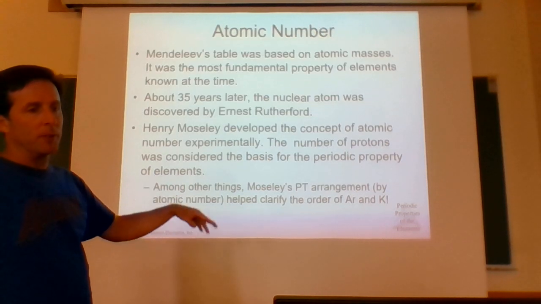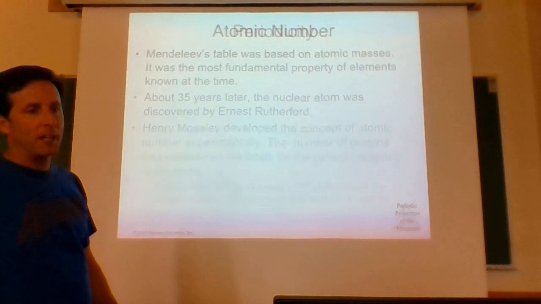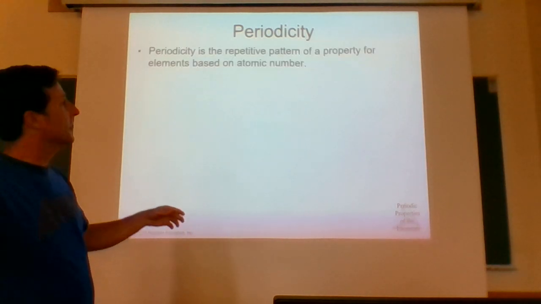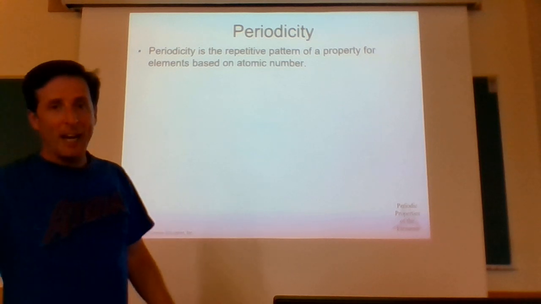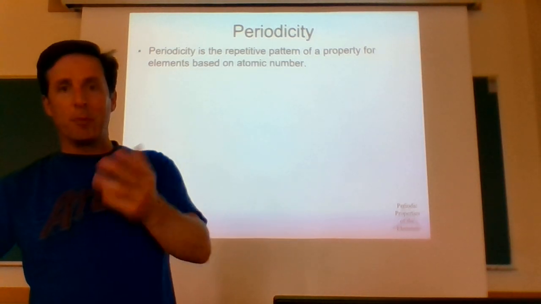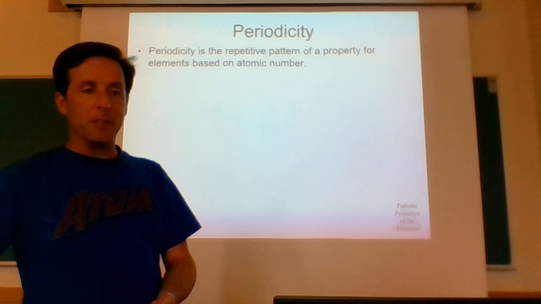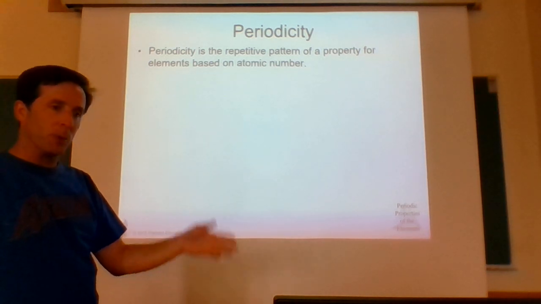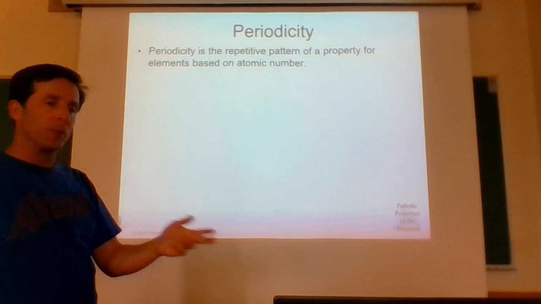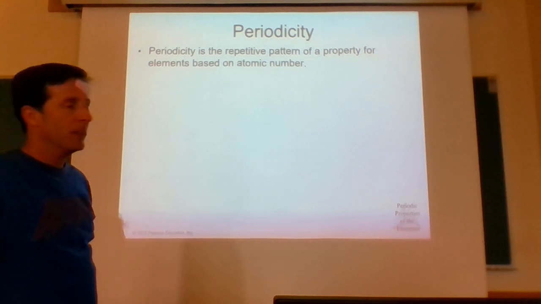I'm going to keep going, organized by the atomic number. So periodicity is the pattern of a property of elements based on atomic number. Again, as you go down the table or across the table, there's a trend in the properties of the elements. You can see similarities between certain elements, and then as you move across, you see changes in the properties.